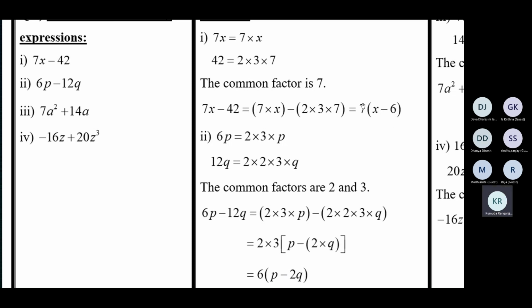Now check like this: 7 into x is 7x. 7 into minus 6 is minus 42. So the two factors of the given expression are 7 and x minus 6.